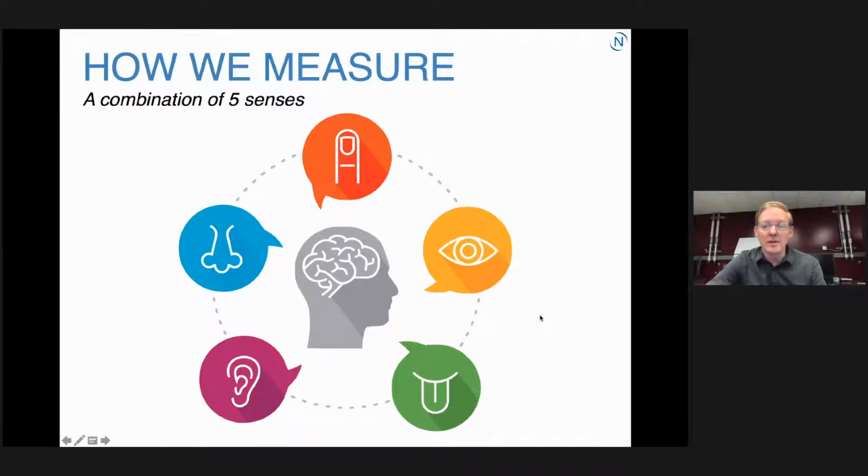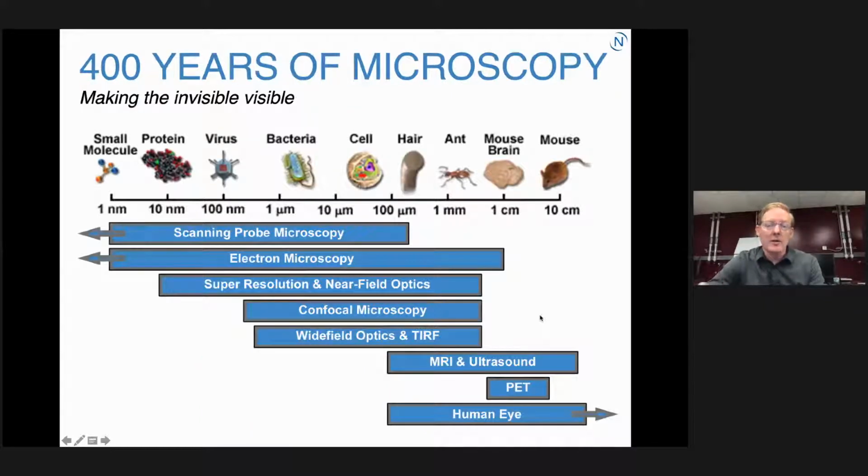So when we move through these techniques, we're going to think about the ways in which the microscope is measuring things. Depending on what we're measuring, from a large object like a small animal down to the smallest of objects like a molecule or an individual atom, there are different techniques available for us to do that.